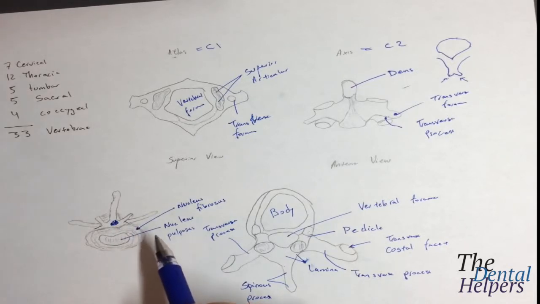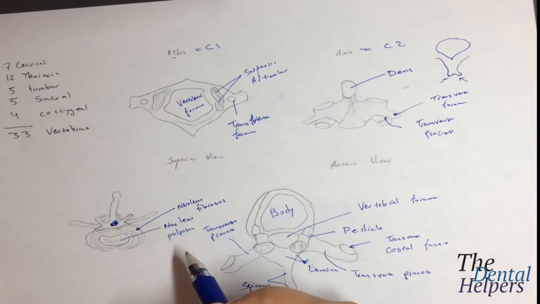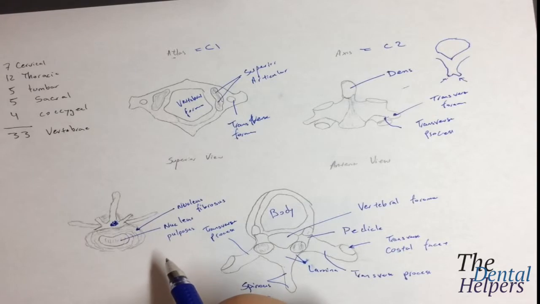If we think about every time we walk or make any movement, there has to be some kind of shock absorber to control the amount of pressure that's going to be placed on the spinal cord. The nucleus pulposus is going to help with absorbing some of the impact as we walk.